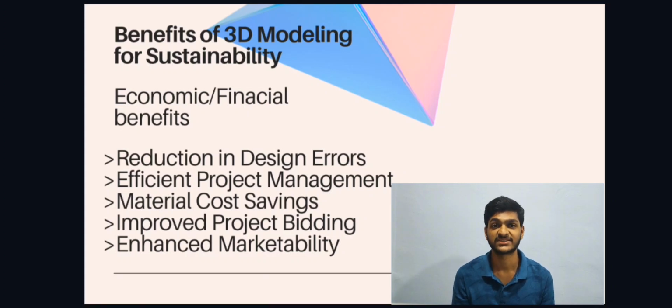Furthermore, I would like to add some points that are not on my slide, which is life cycle cost analysis. The reason why I'm talking about this is because 3D models enable comprehensive life cycle cost analysis by simulating the entire lifespan of a building or infrastructure. This includes the initial construction costs, operational and maintenance expenses, and also the refurbishment costs.